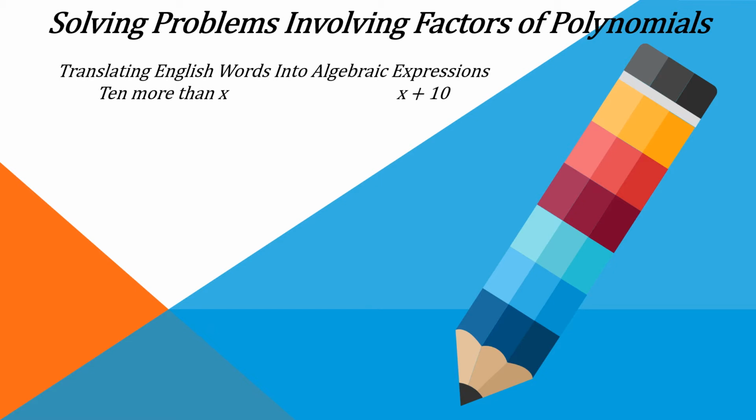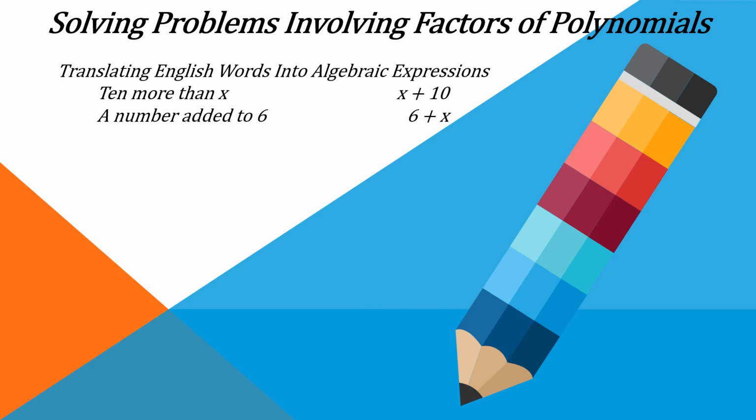Let's say, for example, 10 more than x. That is what I said in the previous topic: when we say more than, it is addition. In this example, 10 more than x is x plus 10.